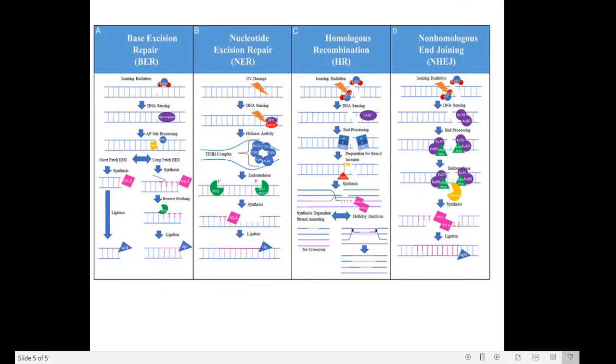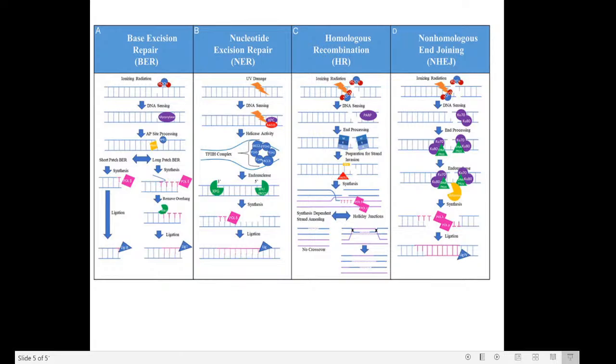The specific binding site, the AP site processing, means that the particular enzyme is deactivated by the ionizing radiation. So there is a lack of nucleotide attachment, which makes the repair necessary.